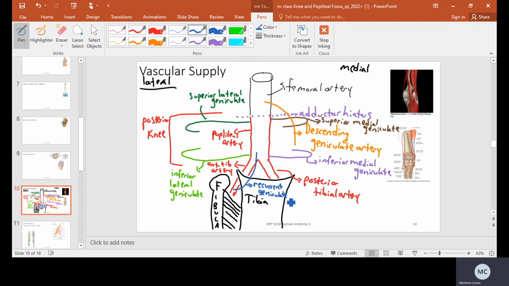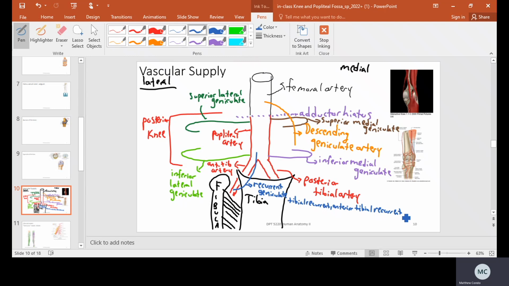It also goes by tibial recurrent, anterior tibial recurrent, and there's about 18 other names it goes by. For testing purposes, make sure the word recurrent's in there, because that's about the only word that's consistent amongst the entire nomenclature, okay?